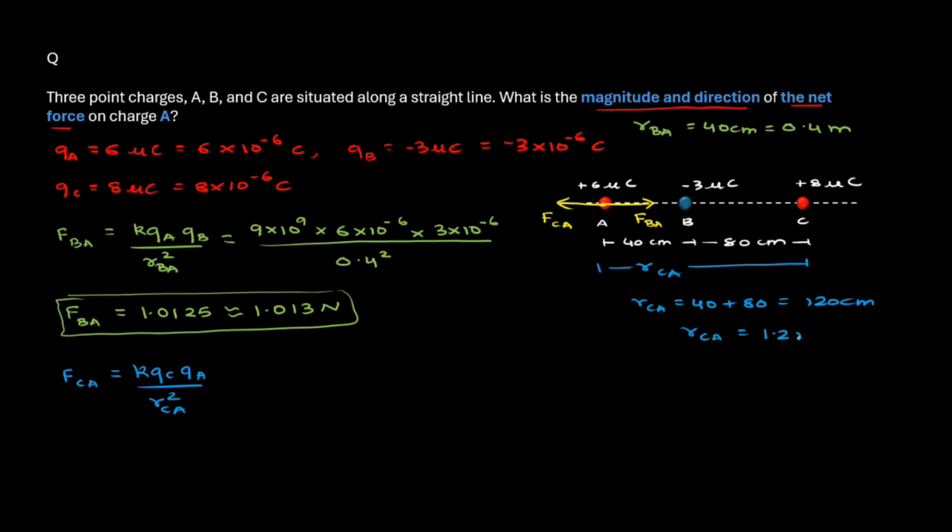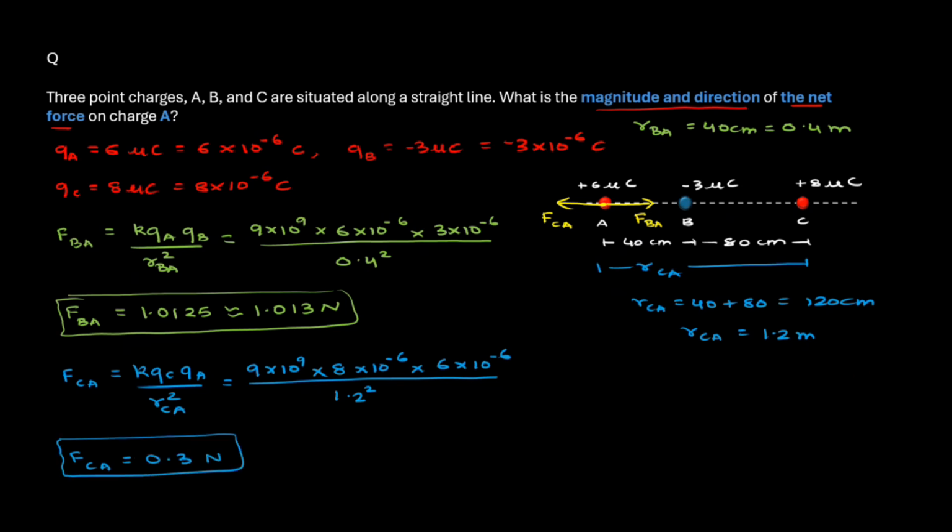That will give you 1.2 meter. Now let us substitute. K is 9 times 10 to the power 9. QC is 8 microcoulomb. QA is 6 microcoulomb and the distance between them is 1.2 meter squared. When you solve this, you get FCA to be equal to 0.3 Newton.